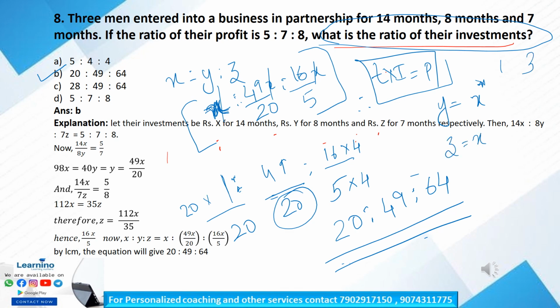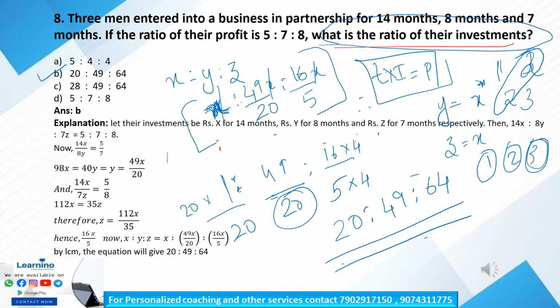If we want to make everything in terms of y, first we have to consider the first and second term, then the second and third term. So all the terms we will get in terms of y, because the second terms are all in terms of y. To make it in terms of z, we have to take first and second, and then second and third again.